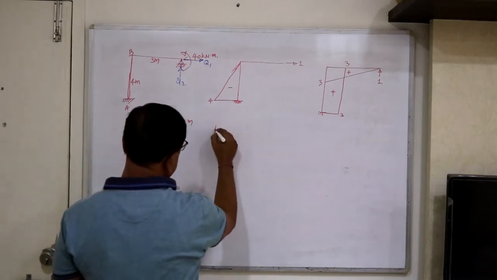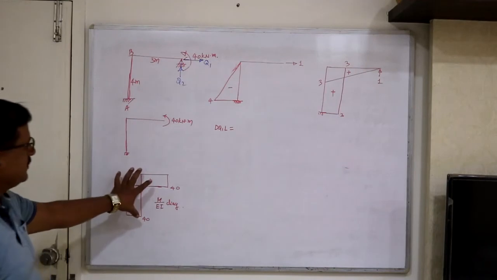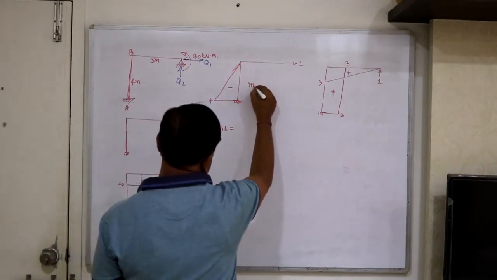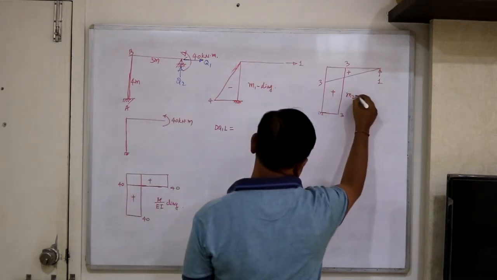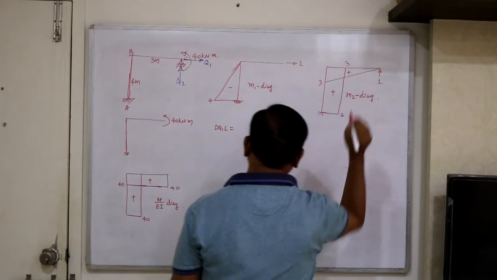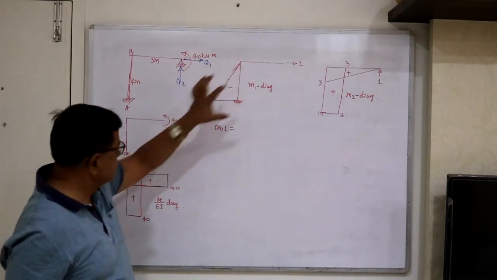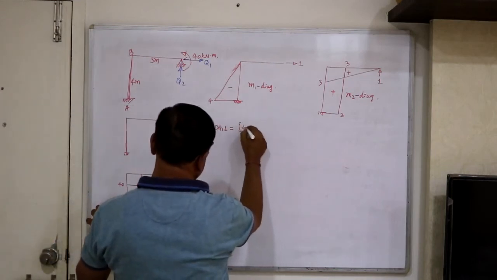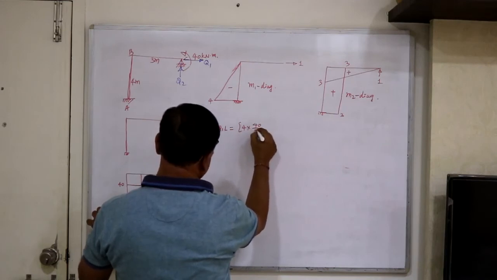Now let's find out delta Q1L equal to the area of the M upon EI diagram. So this is the M1 diagram and this is the M2 diagram. Here we have only the vertical part, so consider only that. Base times height is 4 into 40 upon EI.